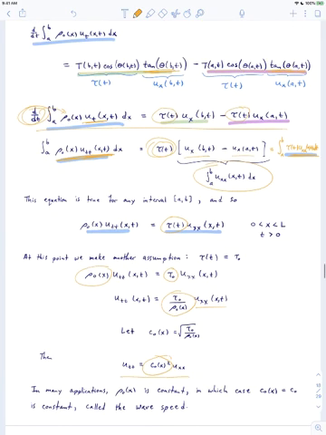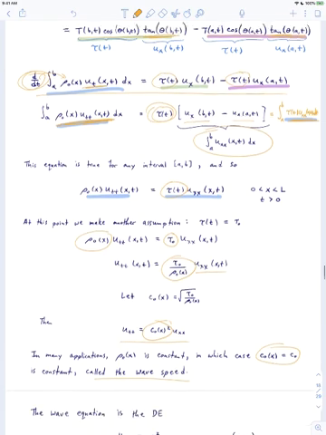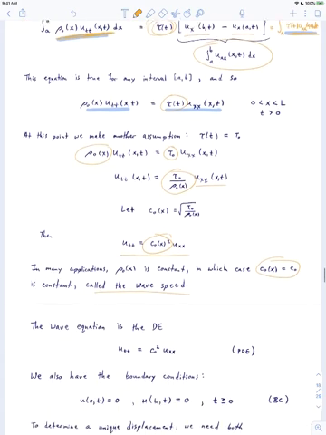So in many applications, the density is constant, the equilibrium density is constant, which is why I accidentally called it a constant earlier. In many applications, the equilibrium density is constant, in which case this quantity c0 of x is constant as well, and so we just call that c0. This constant is called the wave speed. So that gives us the wave equation.